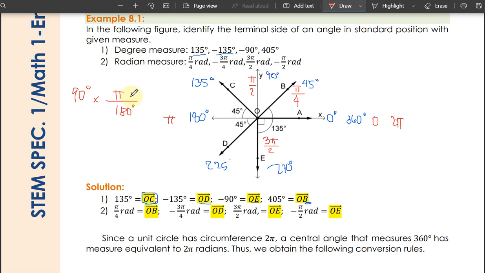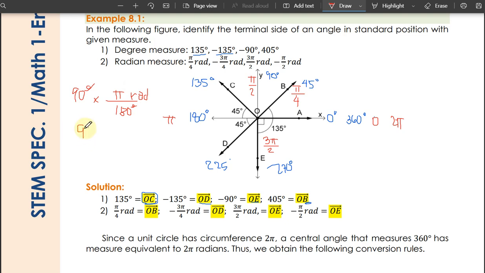So pi rad, or radian. Okay? So the degree here will be cancelled because it is in the numerator and denominator. So what remains is 90 pi over 180 rad. So rad here is the unit of radian measure. Okay?